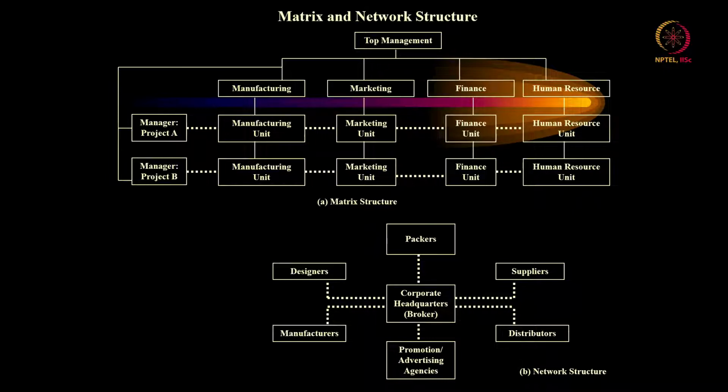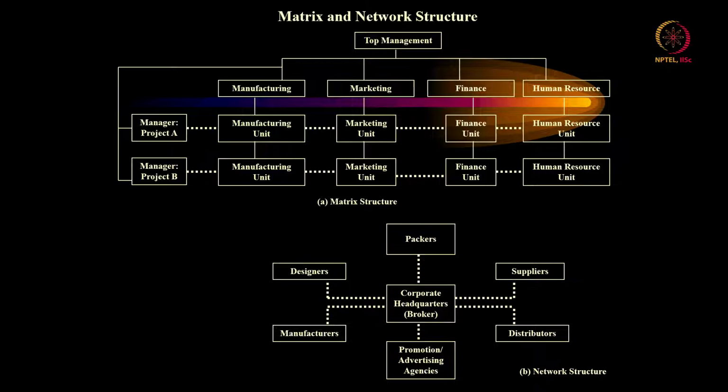So, you have the manufacturing division, the marketing division, the finance division, the human resources division. In the matrix structure, the manager of project A has interaction with all, kindly note that, whether it is manufacturing, marketing, finance or human resource unit. Similarly, the manager of project B has interaction with all of these.